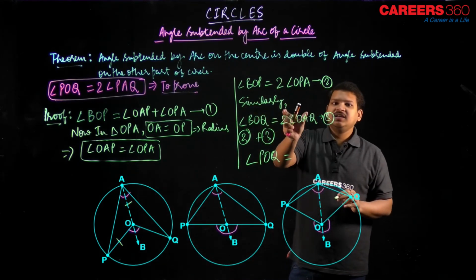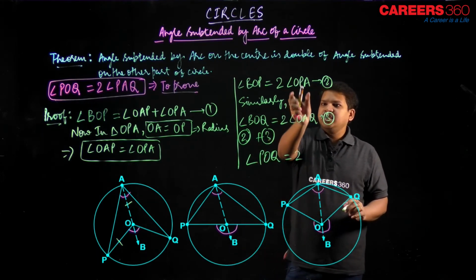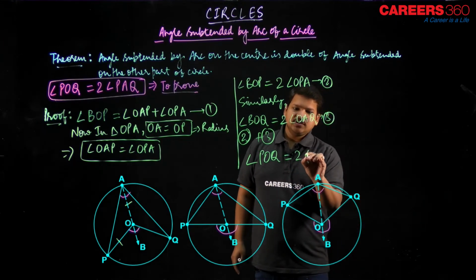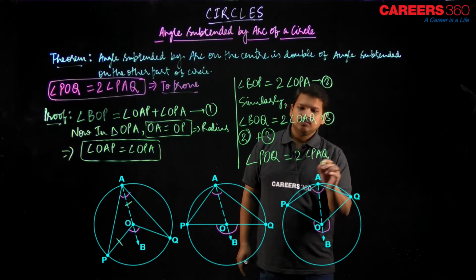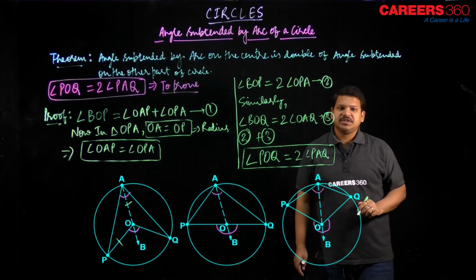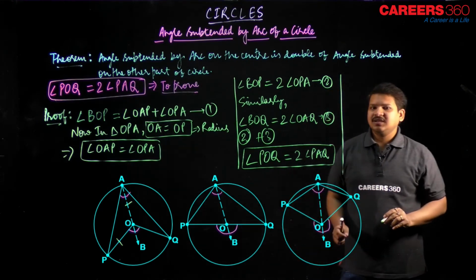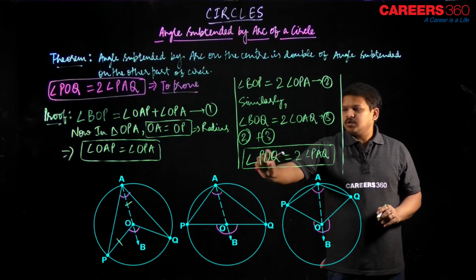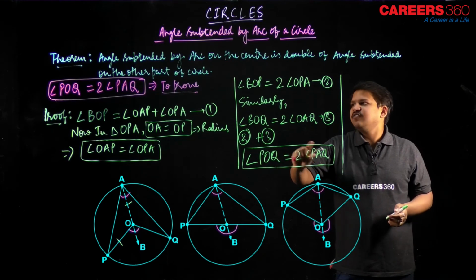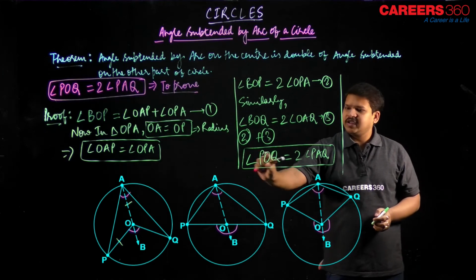And if I add the right side, I get twice of angle OPA plus OAQ, which results in angle PAQ, so twice of angle PAQ. This is what 2 plus 3 looks like. That is where I have proved whatever I presumed in the beginning; the theorem is already proved.